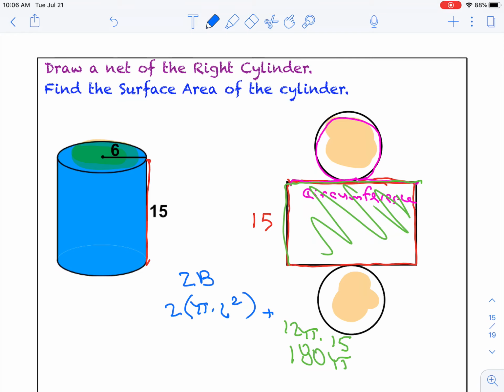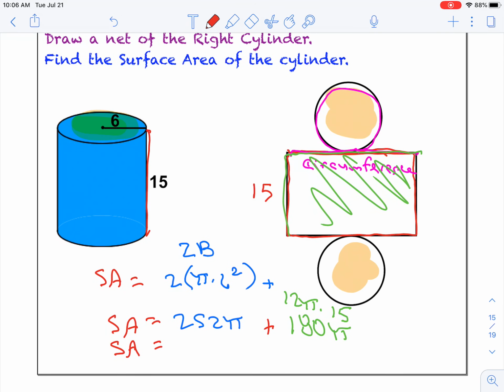36 pi times 2, which gives us 252 pi. And when we add these together, it gives us our total surface area of, oh, sorry, this part is wrong.